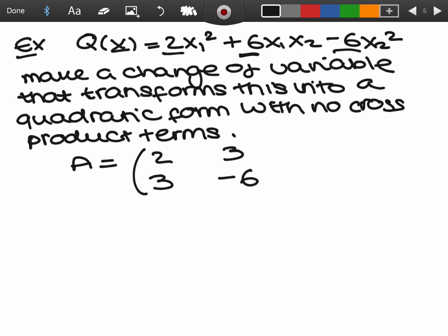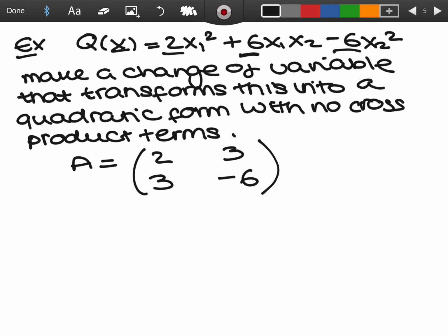So I'm going to have 3 and 3. This is the matrix of my quadratic form. Now, what I want to do is orthogonally diagonalize this matrix and find that diagonal matrix D, with the orthonormal matrix P whose columns form an orthonormal basis.